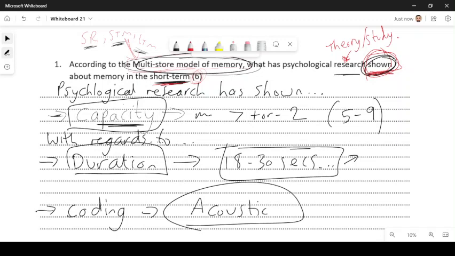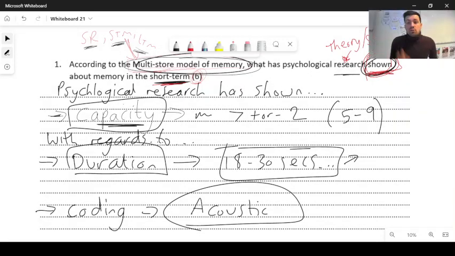You could change that to long term. You could change the word shown to how, so how has psychological research been conducted, and that will be a lot more to do with the procedures of how they actually did it, rather than what it has shown.